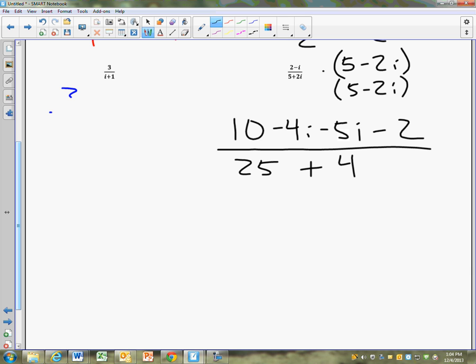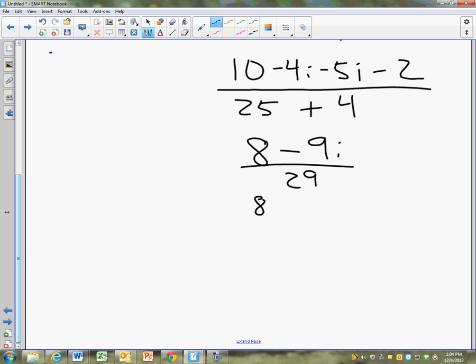What's the real part in the top going to be? 8 minus 9i all over 29. You can't leave it like that. You write it as 8 over 29 minus 9 over 29i. Cool.